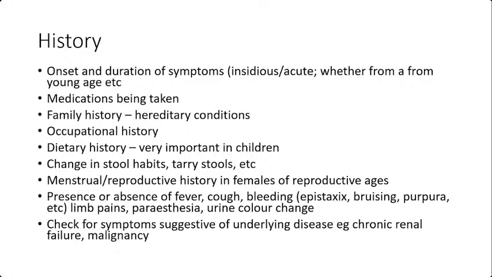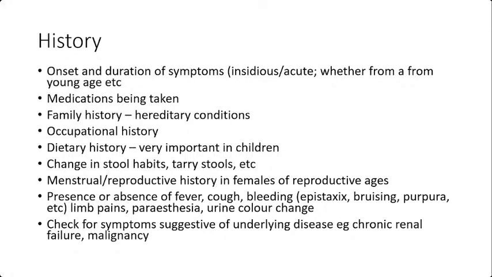Dietary history, again, very important, especially in children who often will have a poor diet. Again, people who are vegans, etc. Change in stool habits, again, looking at that. If the stools are tarry or dark, very dark, it may imply there is blood loss occurring in the GI tract.